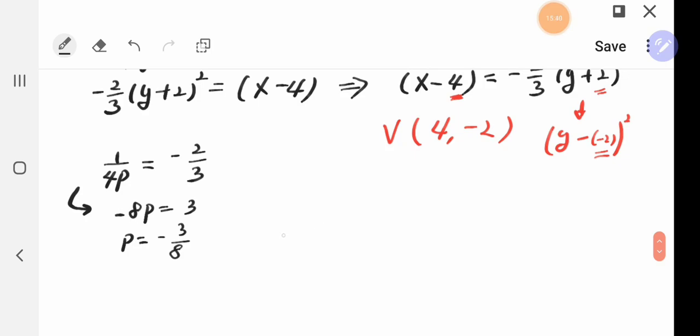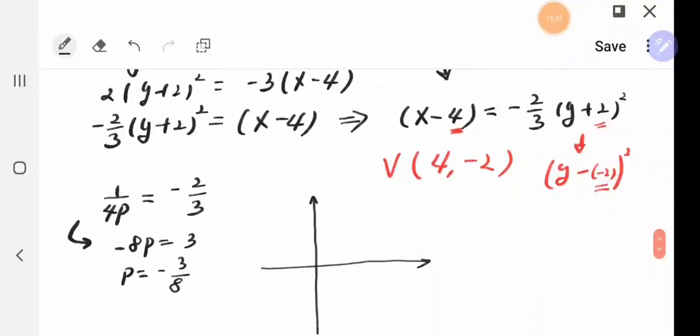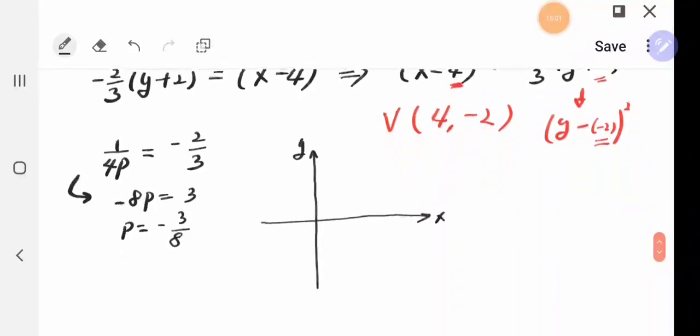If we graph this one, we are moving the vertex to 4 and negative 2. Since the leading coefficient, negative 2 over 3, is negative, the graph opens left.